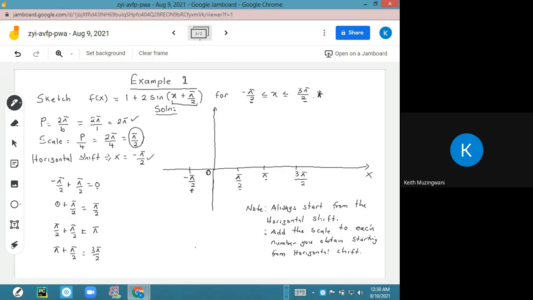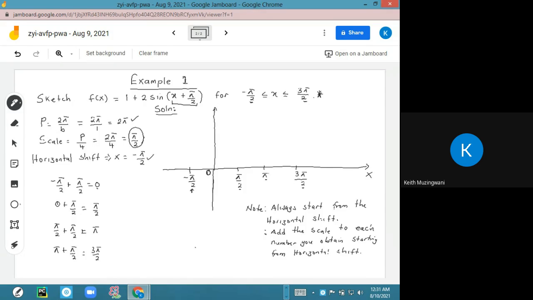We have covered the whole interval given in the question on the x values. Now you can't sketch if you only have the x values. You also need the y coordinates to form full points. So you go back to the function and look for the corresponding y coordinates to the x coordinates you obtained using the scale.